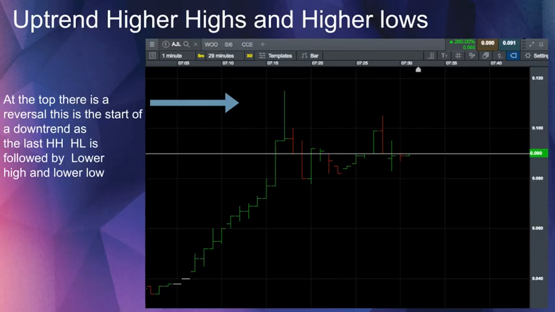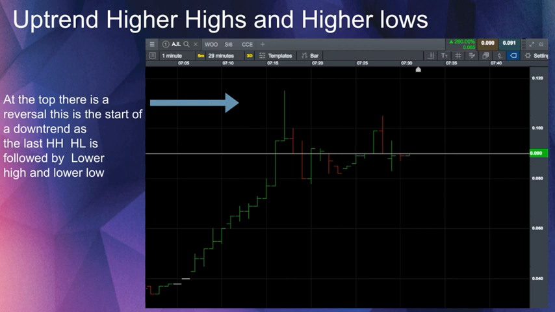Okay, next one here. Uptrends. So the way you look at this, as you can see, I put an example there. You've got the green bars. When there's an uptrend, the second bar opens higher than the first bar. So you've got higher highs and higher lows.